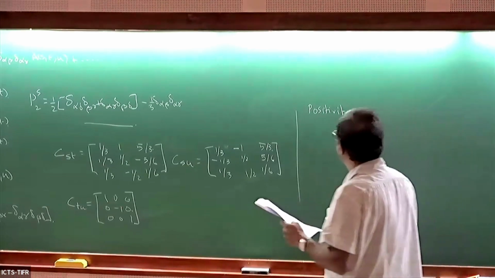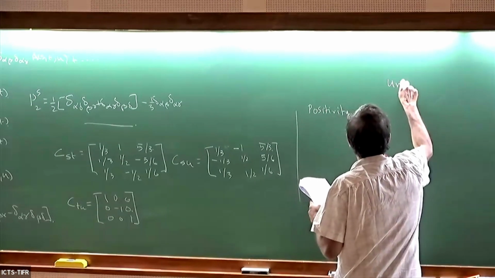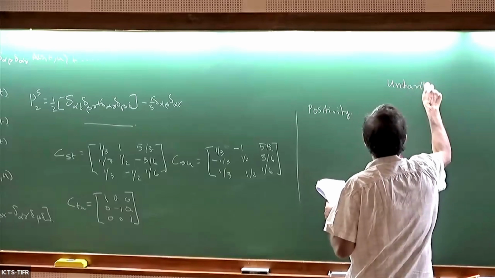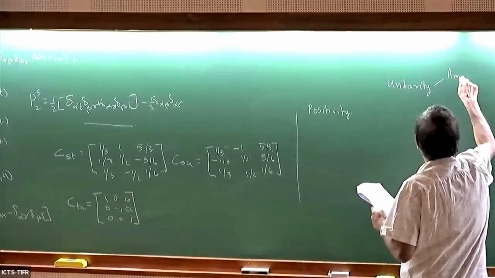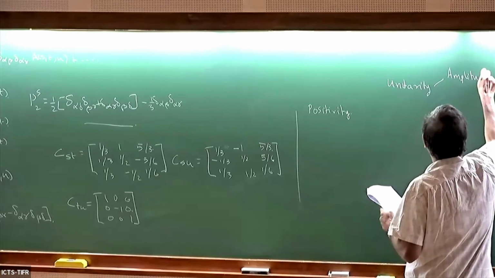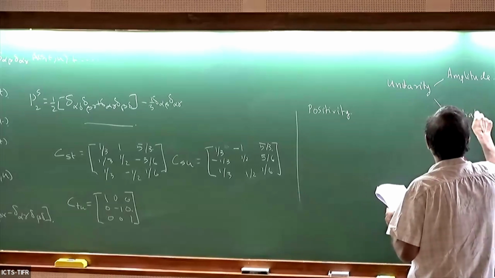And this was an application of unitarity, which can either be done at the level of the amplitude, or it can be done at the level of the partial waves, partial wave amplitudes.